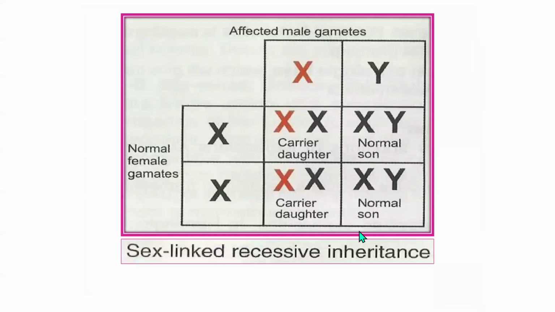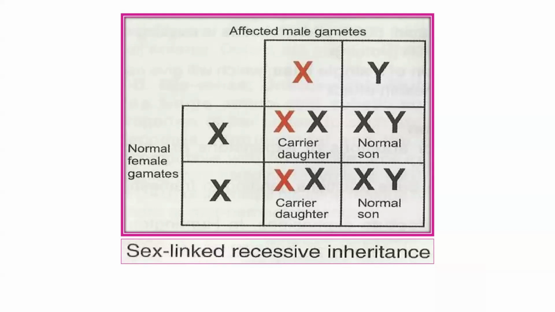So then the next one is the sex-linked recessive inheritance. So now we are going to look at the sex-linked recessive inheritance. In a sex-linked disease, usually the disease is passed down through families through one of either the X or Y chromosomes.